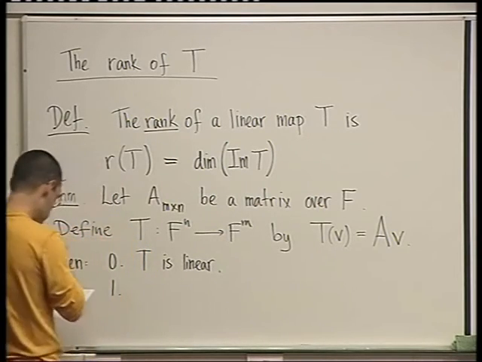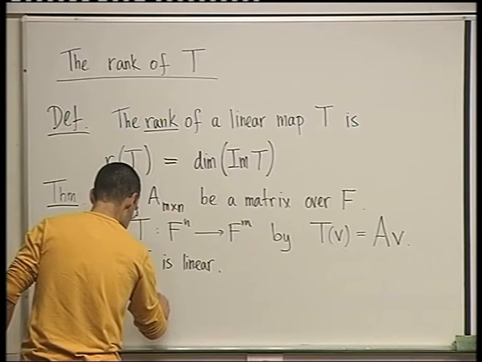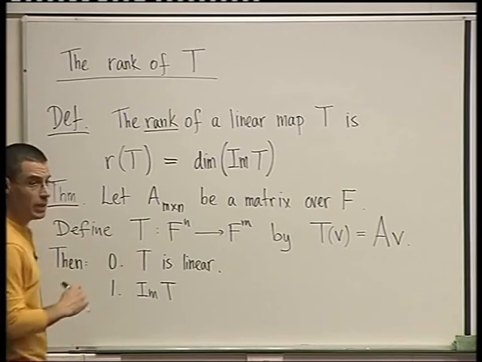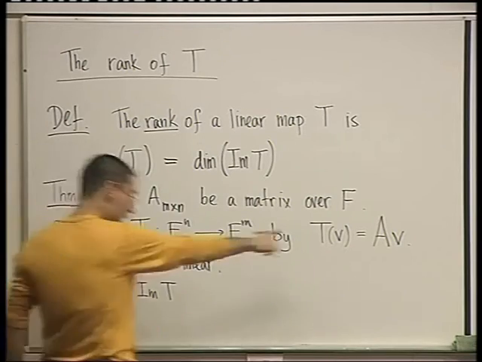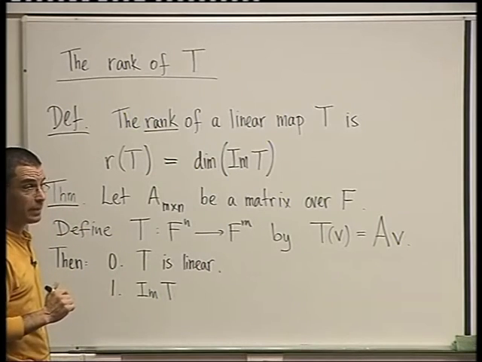1, the image of T, as a linear map is related to the matrix A, obviously, because T is given by some matrix.